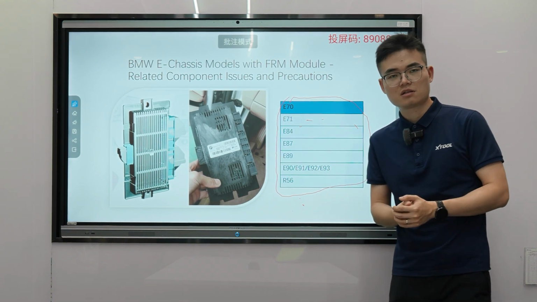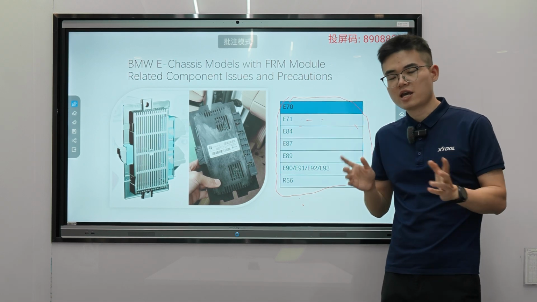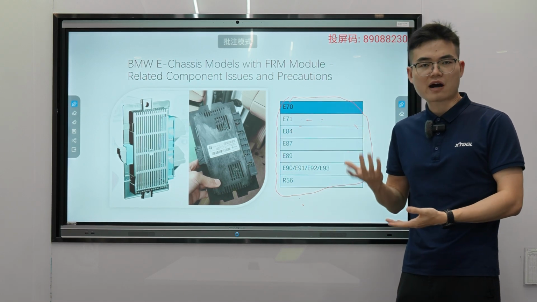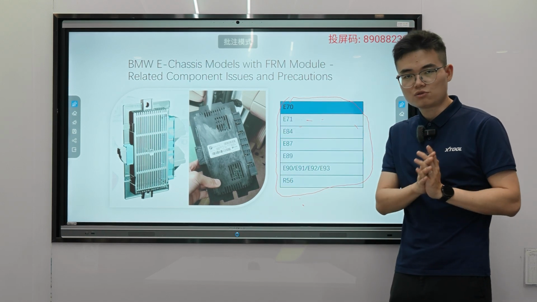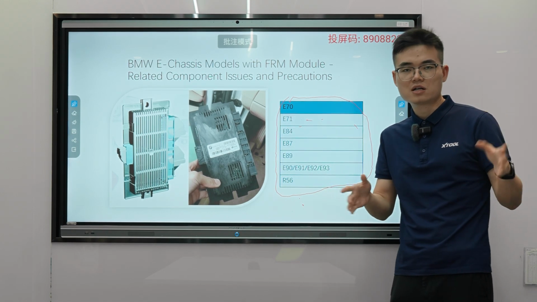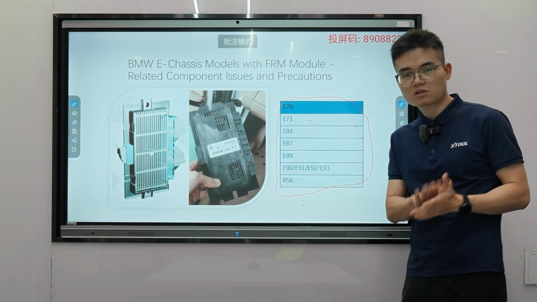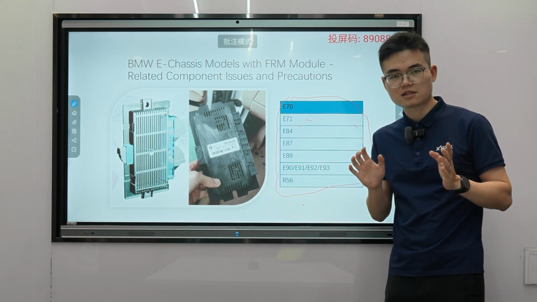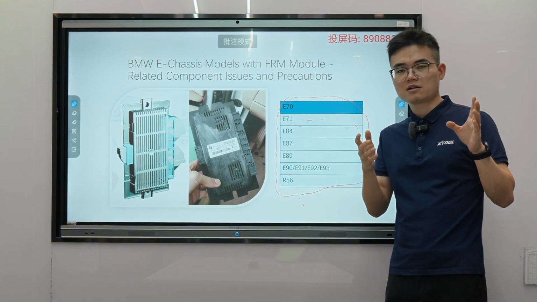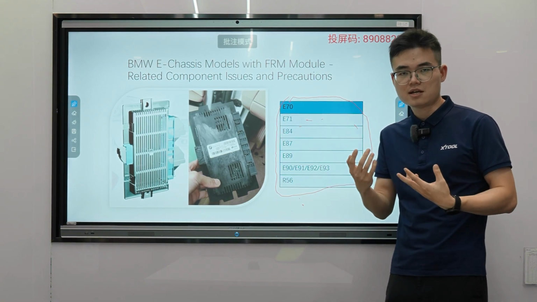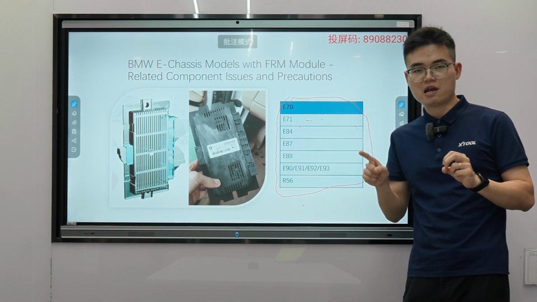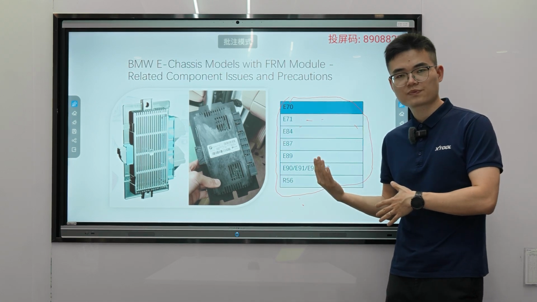So how can we tell that it's definitely the FRM's fault instead of any other part? Actually, first, you can take one of our XTOOL models. Almost all XTOOL devices, specifically XTOOL Diagnostics scanners, can detect the FRM module of BMW.